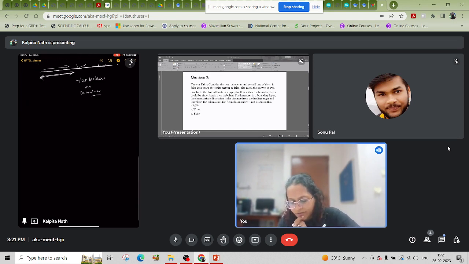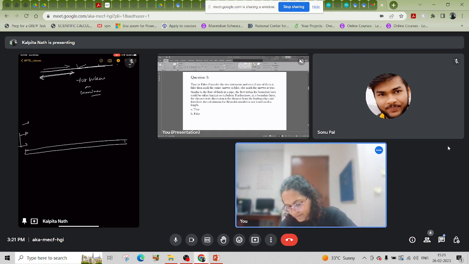But in case of a flat plate, the case is not the same. If flow is coming from this side, suppose this is the free stream velocity u. So Reynolds number depends on x, that is the distance at which we are calculating the Reynolds number, that is u x density by mu.